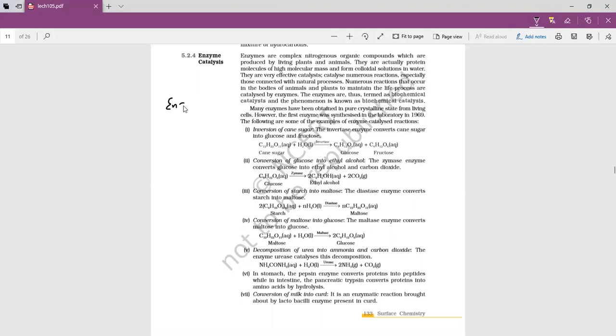Enzymes are biochemical catalysts only. Now, since it is biochemical, therefore it is mostly protein plus a non-protein part.